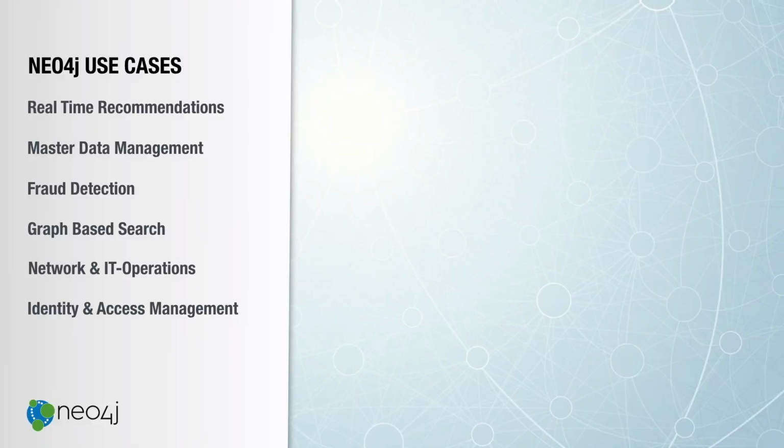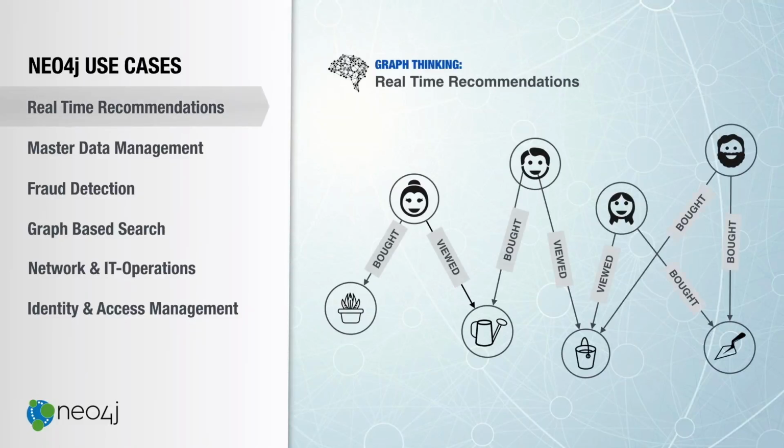So here's a list. This is by no means all the use cases that we work with, but represents some of the most popular use cases amongst our thousands of developers using the Community Edition, hundreds of customers. And if we look at real-time recommendations, you can think of real-time recommendations as a very simple thing.